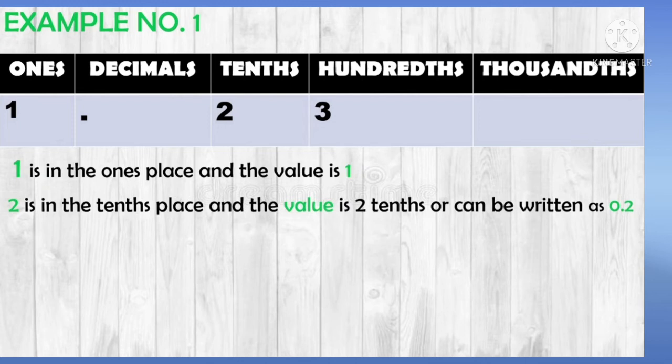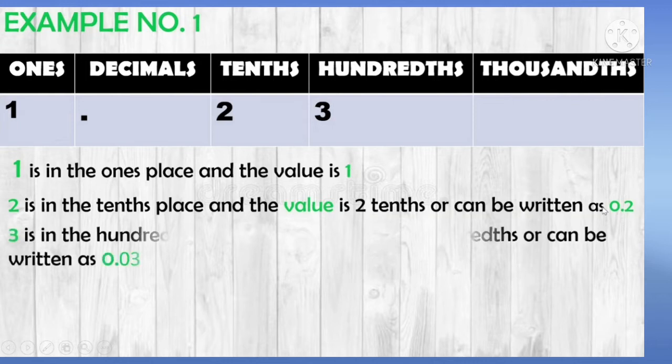2 is in the tenths place and the value is 2/10 or can be written as 0.2. This 2 is in the tenths. So the value of tenths, when we say value, is 2/10. Okay? Or, when you write it, 0.2.